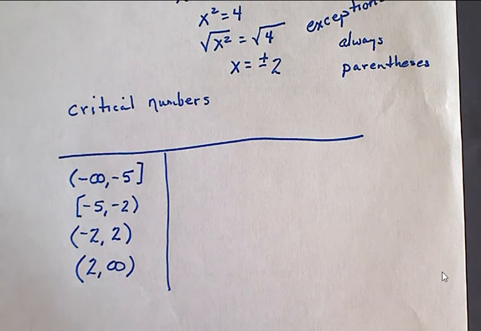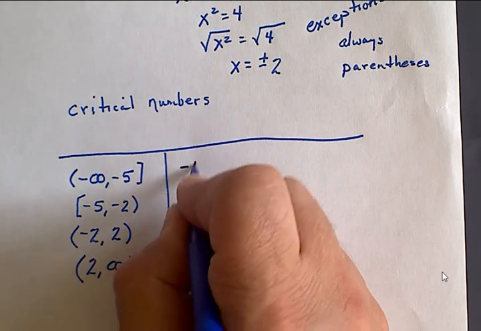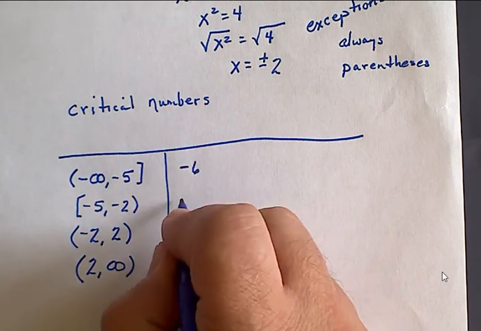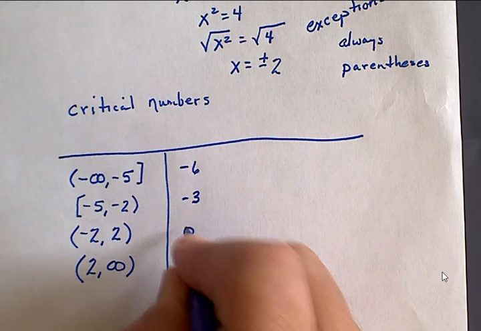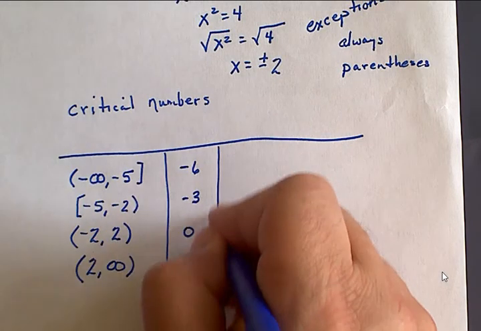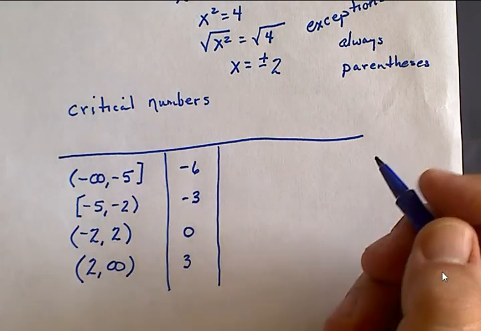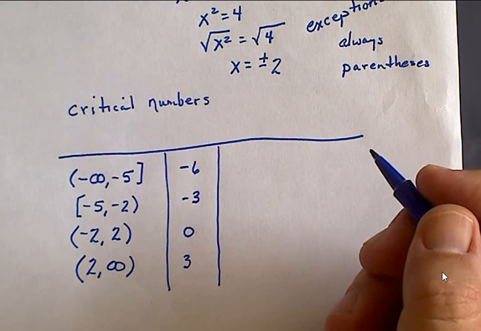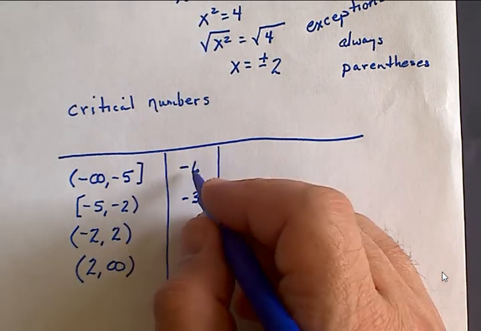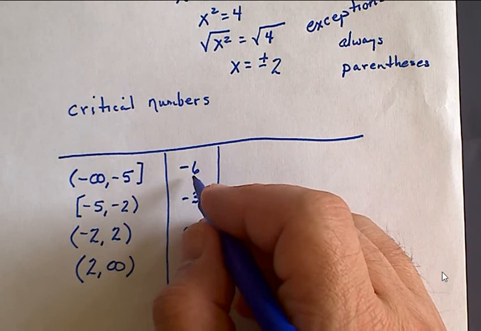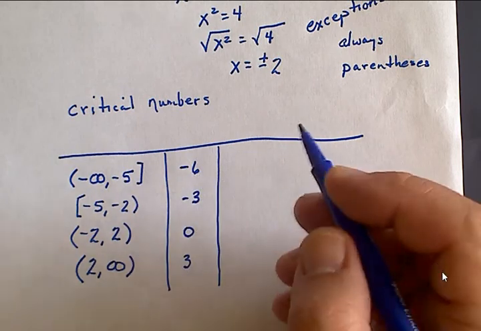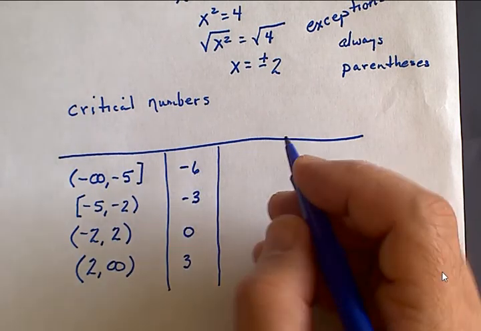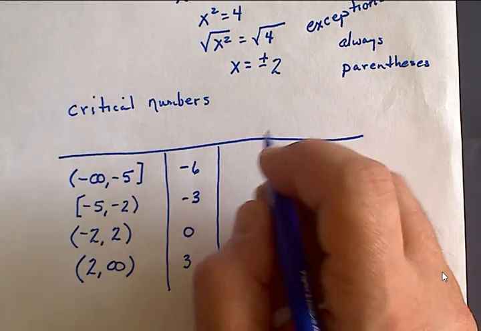So I get my test numbers first here. Again, I'm concerned about the sign. When I take the negative 6 and plug it in, on top, negative 6 plus 5 is negative 1, but negative 1 squared is positive.